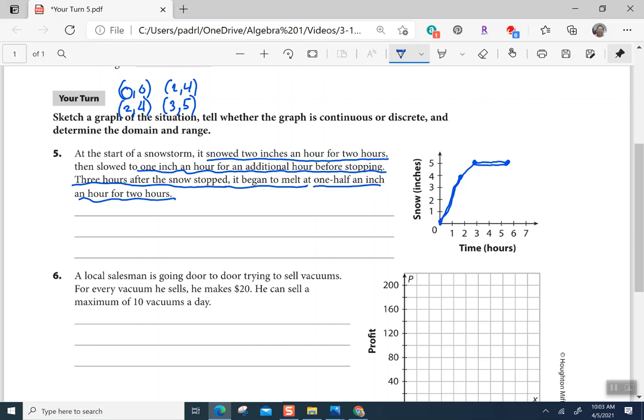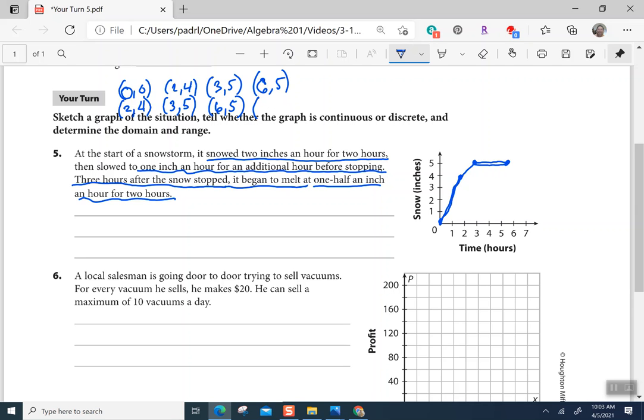Okay, if it's 1/2 of an inch an hour, and it's 2 hours, then it only went down 1 inch. So here's where it stayed the same at 3, 5 to 6, 5. And then here's where it started to melt at 6, 5.